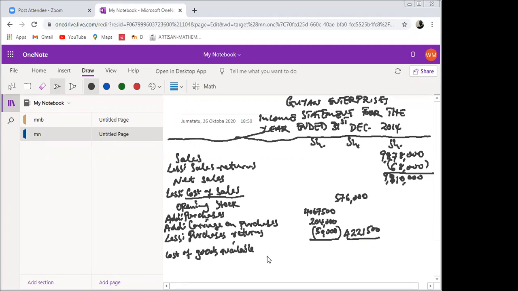Cost of goods available for sale. What do you get? The figure you have, you add 576,000. 4,797,500.